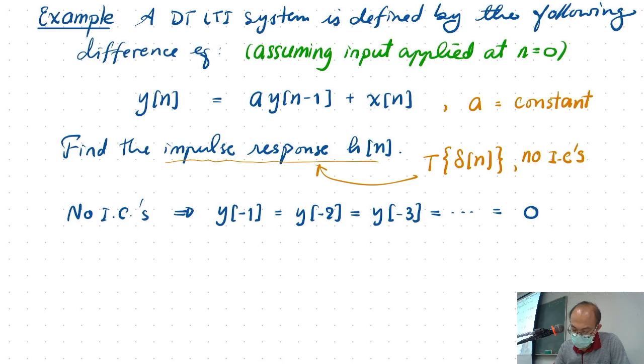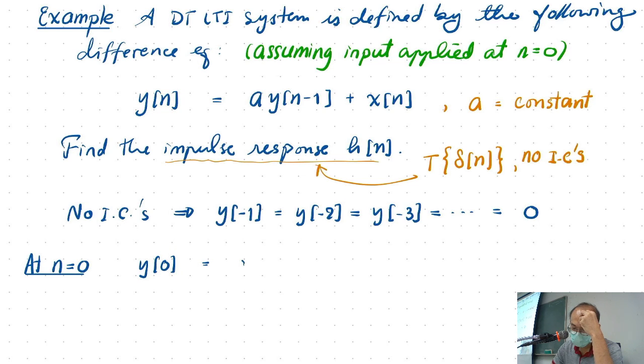Now, at n equal to 0, y0 from the difference equation, when we plug in n equal to 0, we're going to have y at 0, right?